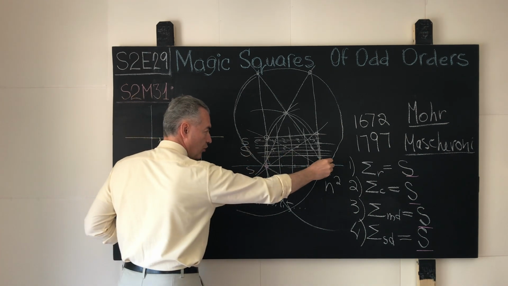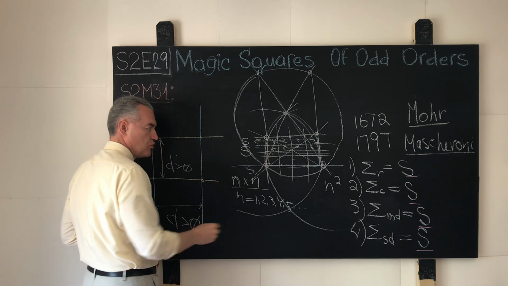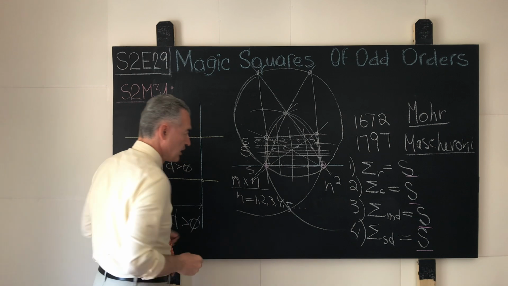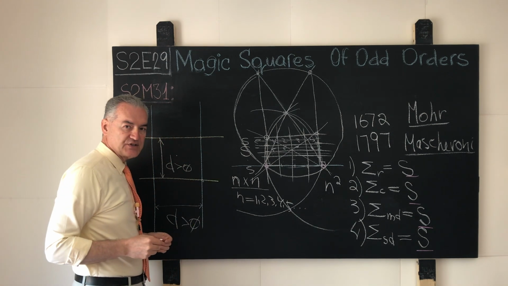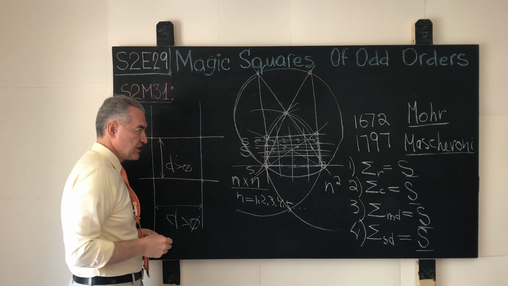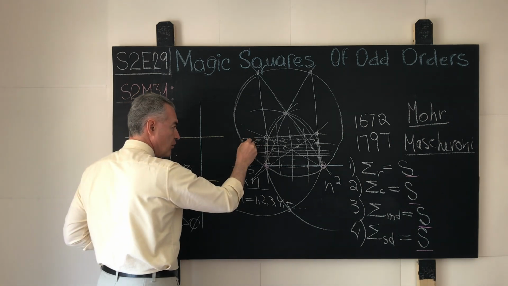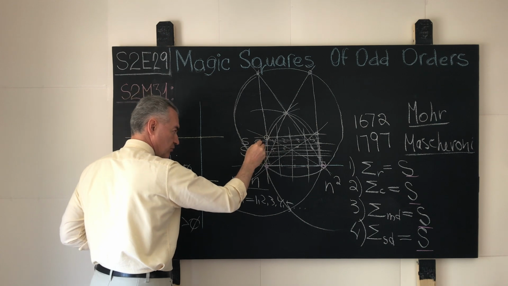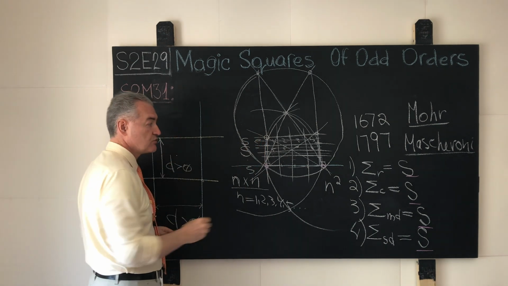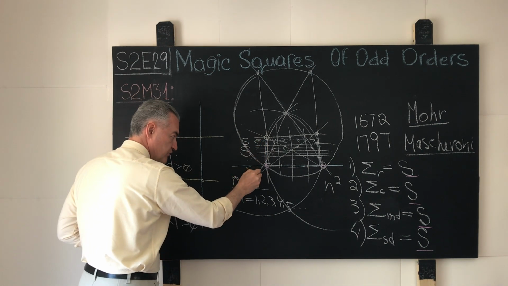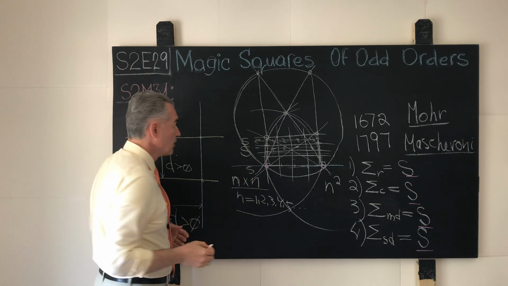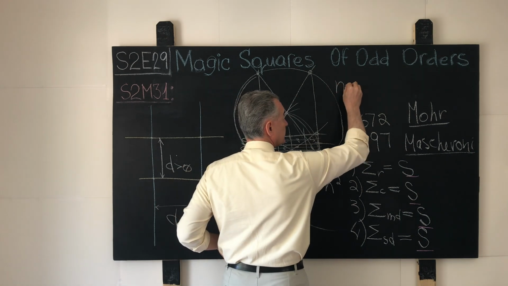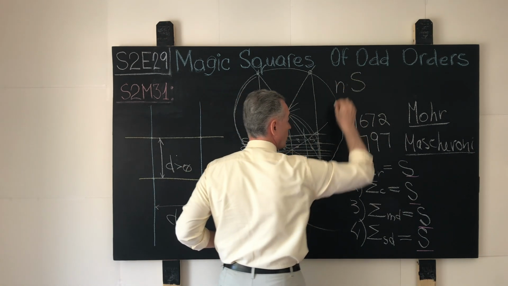And if we sum all the numbers in the bottom row, the nth row, we also get the number s. What does this observation suggest? That observation suggests that the sum of all these numbers s, from the first row, the second row, and so on, up to the nth row, will be n times s. That's on the one hand.